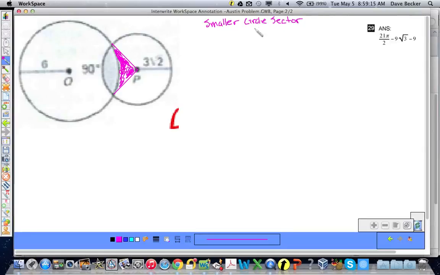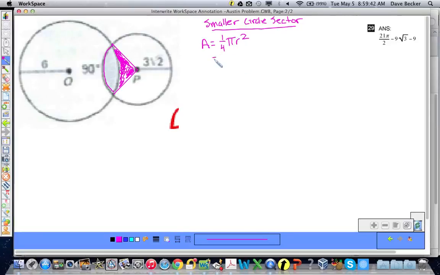So that's just like a piece of the pizza there. Since this arc right here is 90 degrees, that means that this is exactly 1/4 of the circle. So the area of the pink and the gray is equal to 1/4 pi r squared, since it's 1/4 of the circle.